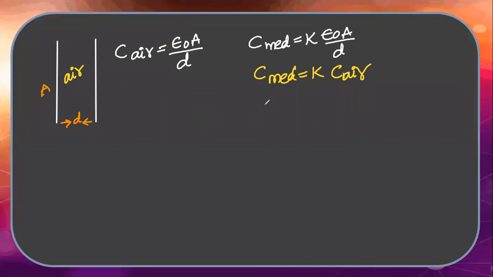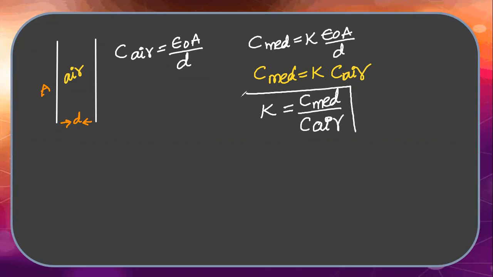So the dielectric constant K is equal to C medium divided by C air. This I have taken, right?